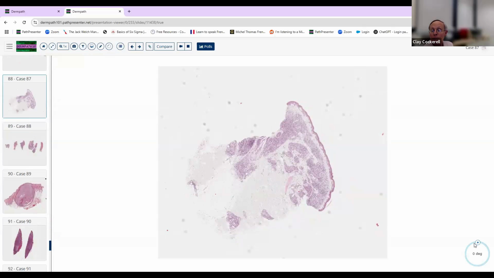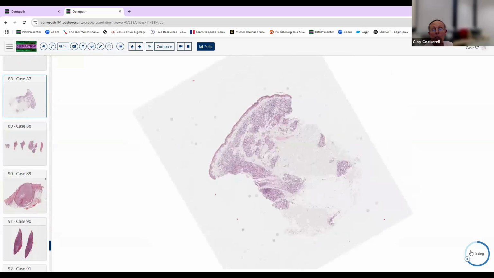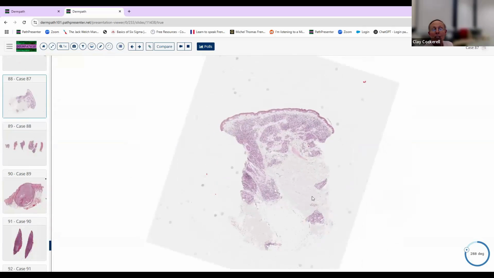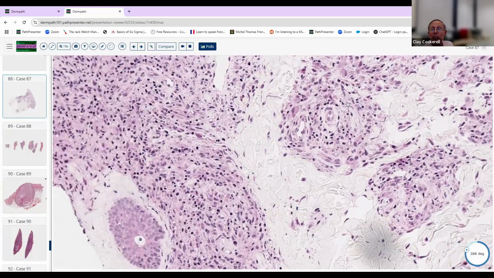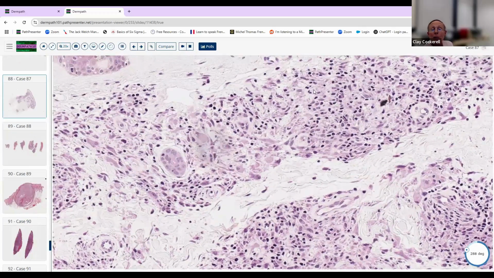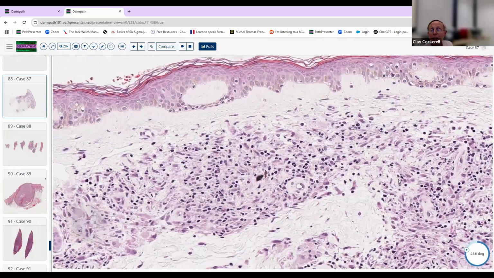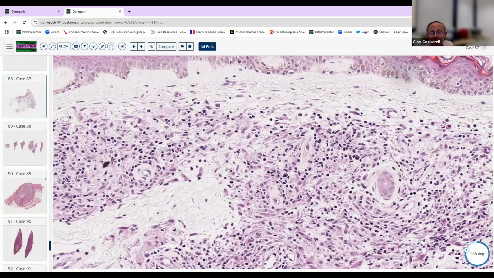Well, let's look at this one. We've got a diffuse dermatitis here with pale cells, granulomatous once again. We've got a high magnification. I hope you're able to appreciate that these are foamy appearing cells in a diffuse pattern, with a Grenz zone here. Look at these cells. They've got little tiny structures inside them known as globi.